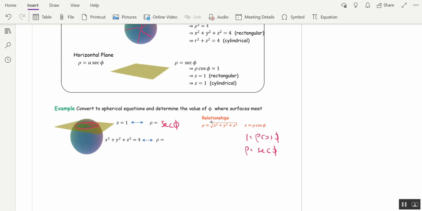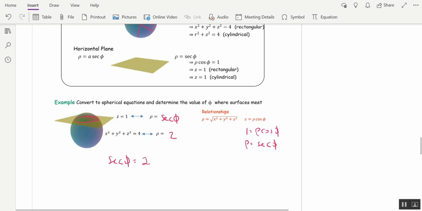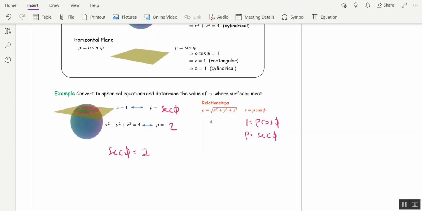All right, and the next one, this is a circle. Sorry, not a circle, a sphere of radius 2. So that's just rho equals 2. Okay, so where do these surfaces meet? Let's set secant phi equal to 2. I can't solve that, but I can if I take the reciprocal of both sides. The reciprocal of secant is cosine.